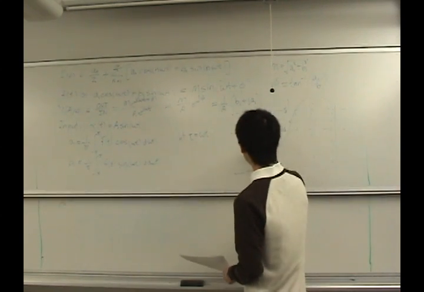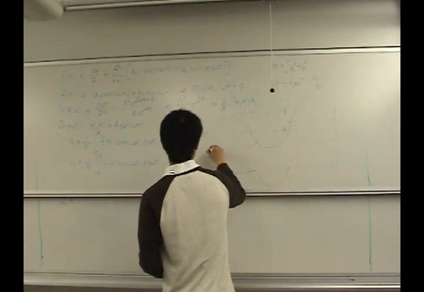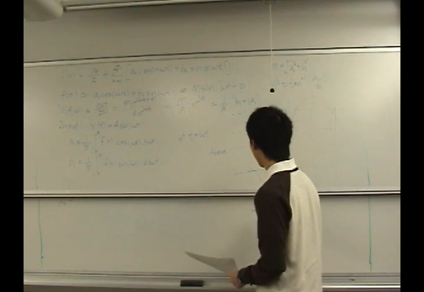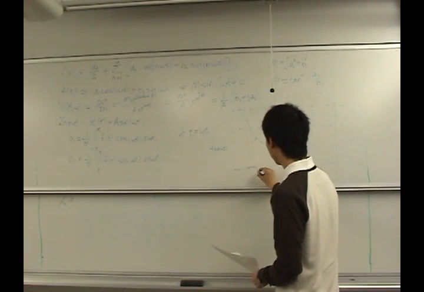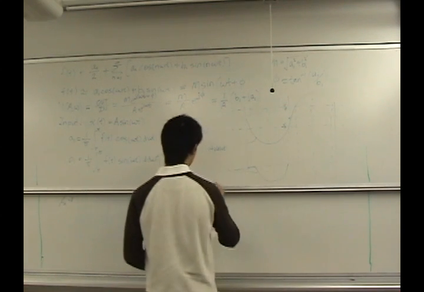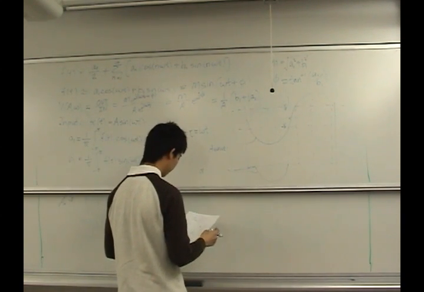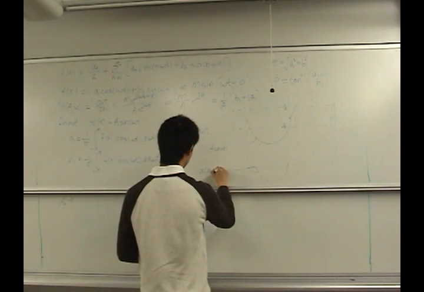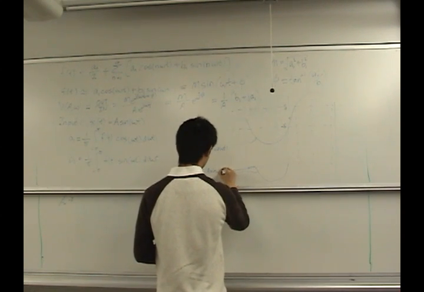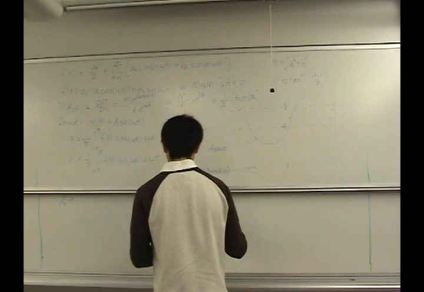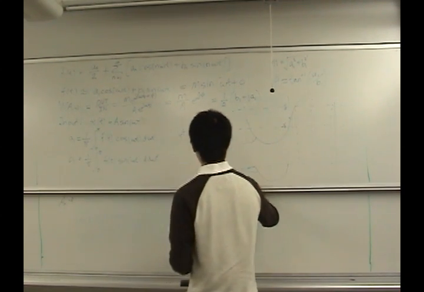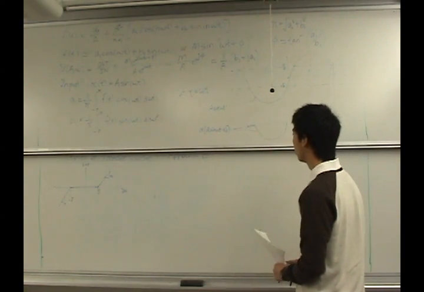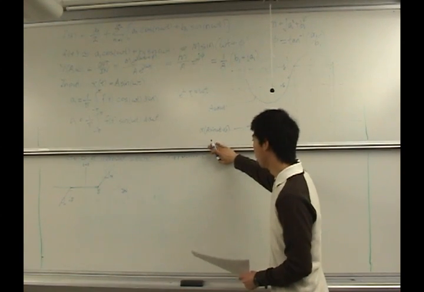If this is our input and our input is sine omega t, this output is going to be alpha times the quantity A sine omega t plus delta.